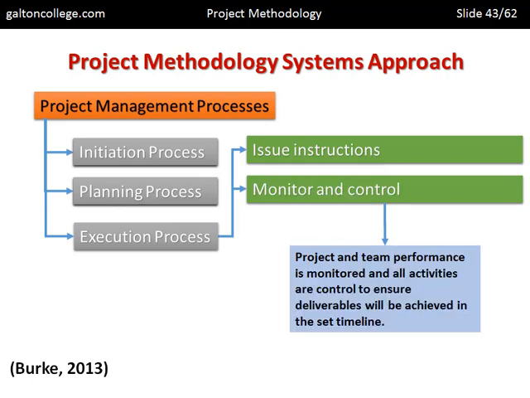And then it's important to monitor and control the throughput of the resources as they're being converted into usable items for this particular project. So the project and team performance is monitored and all the activities are controlled to ensure deliverables will be achieved in the set timeline.